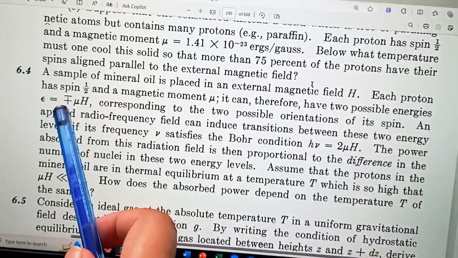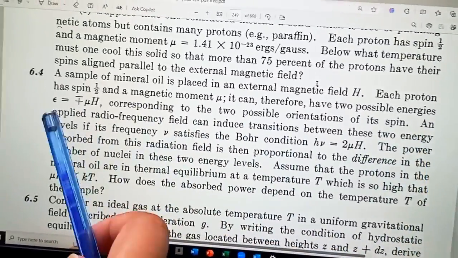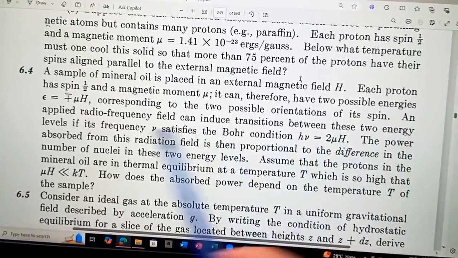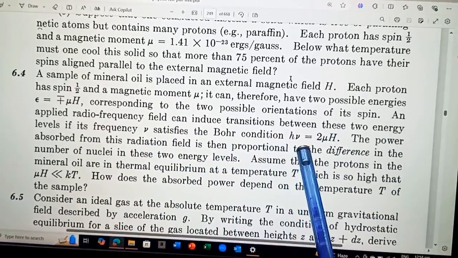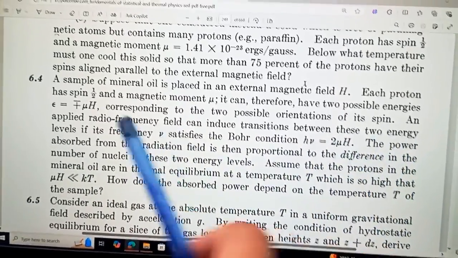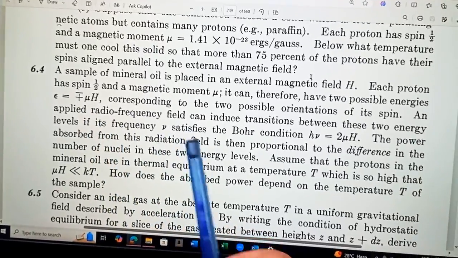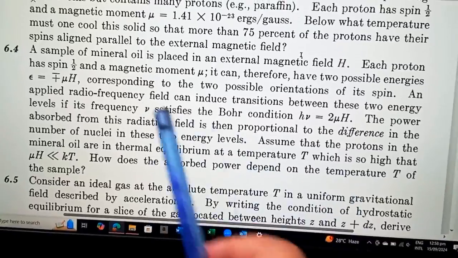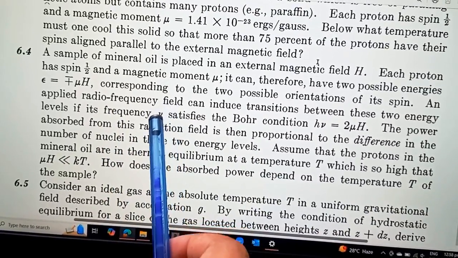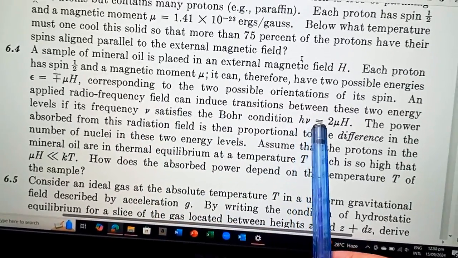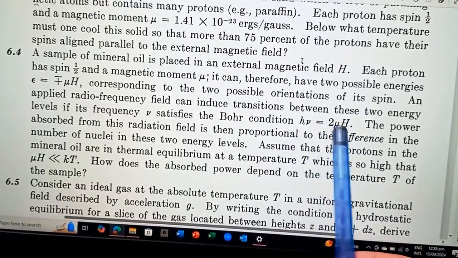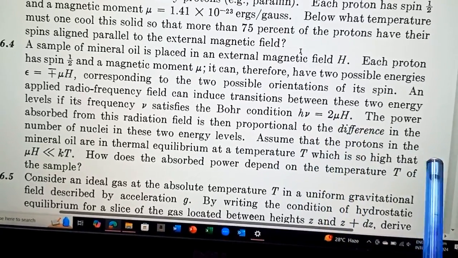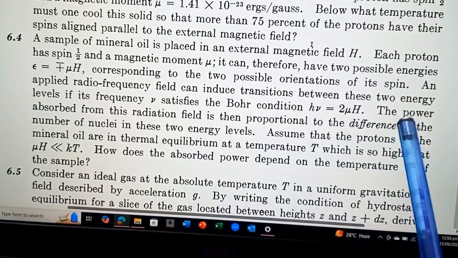If we have two energies here, okay, an applied radio frequency field can induce transitions between these two energy levels if its frequency satisfies the Bohr condition. Like if we apply a radio frequency field on that system of a mineral oil sample, whose frequency is such that it satisfies this condition, like the energy is 2 mu H, then the transition can happen from lower energy state to a higher energy state.